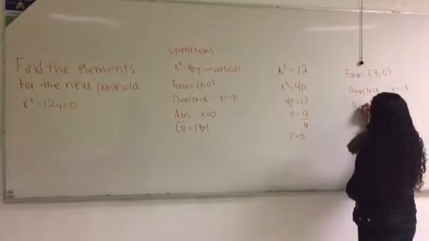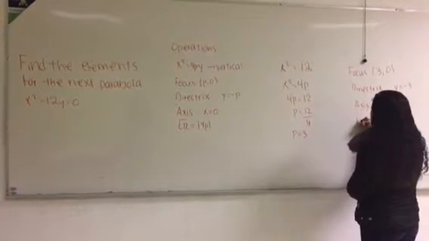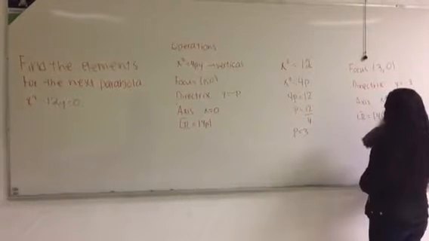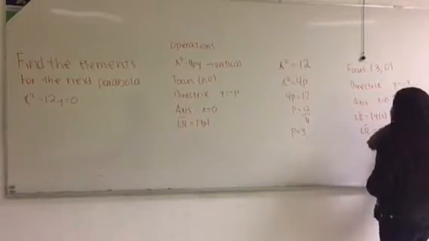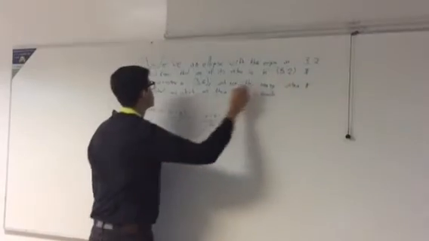The axis is x equal to 0, and the latus rectum is 4 times 3, so the latus rectum is 12.